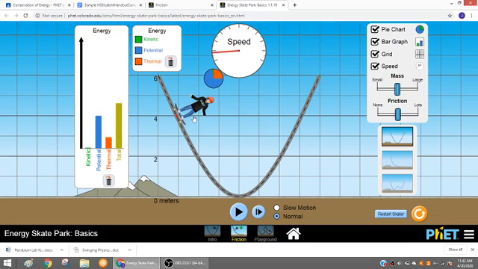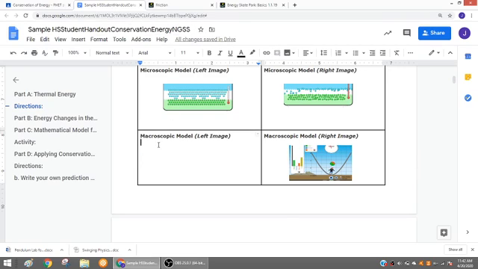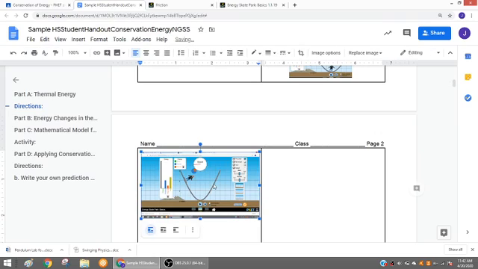So that's a little bit better. The wheels are still going to be a little hot. But you see here the potential energy is the highest, and potential plus thermal plus the eensy-weensy bits of kinetic are going to equal the total amount of energy. Let's screenshot that and go ahead and paste it in the document. So this is what the handout's looking for you to do.